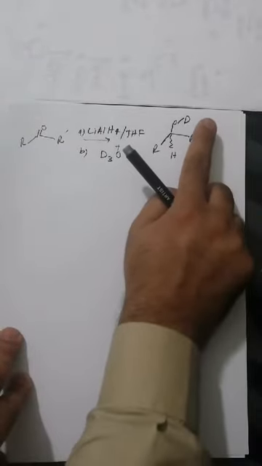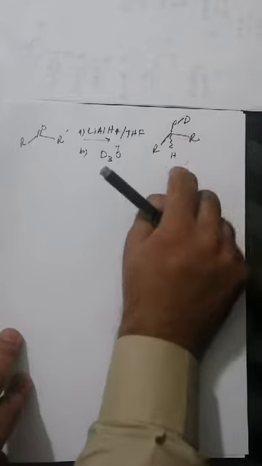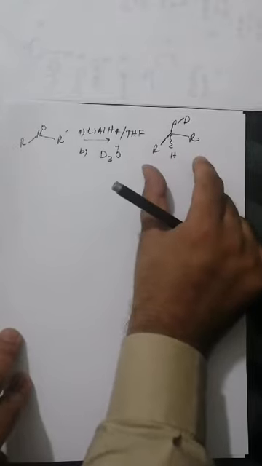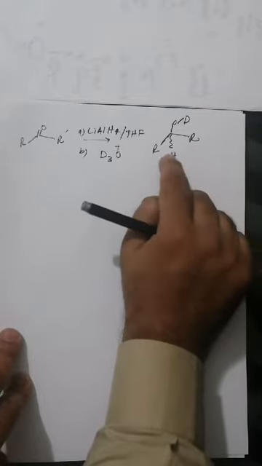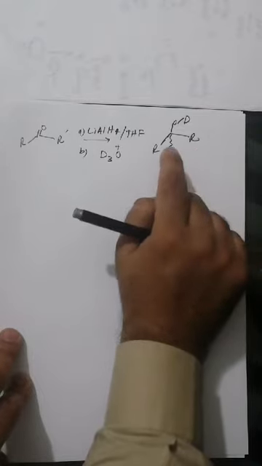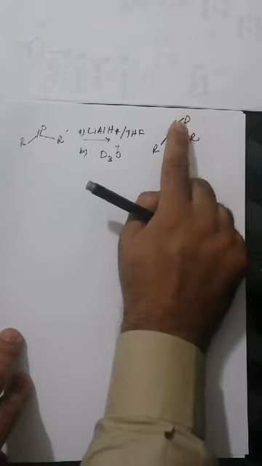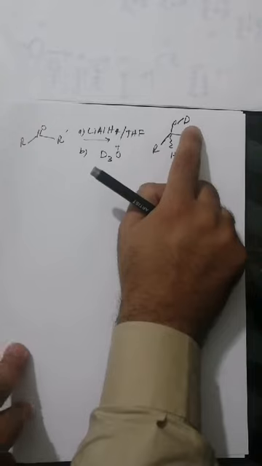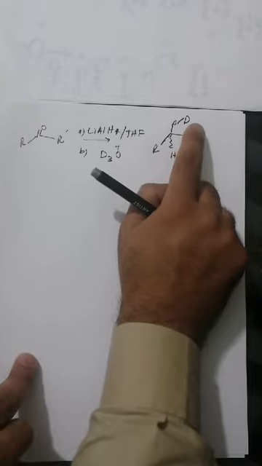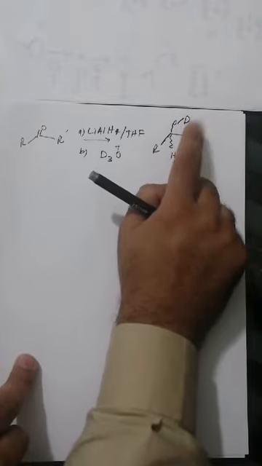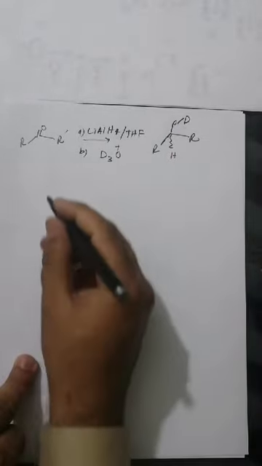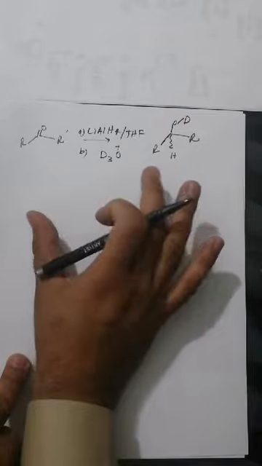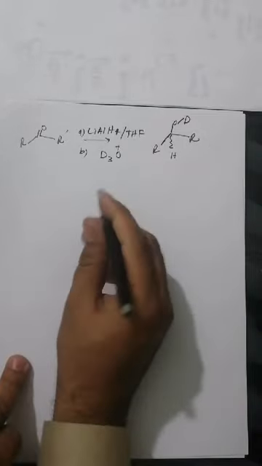Here you will see the difference between these two. Although it's an alcohol, you'll have to remember that this hydrogen came from lithium aluminum hydride, while this deuterium atom came here from hydrolysis, during the workup. So this is the general mechanism in case of aldehydes or ketones.